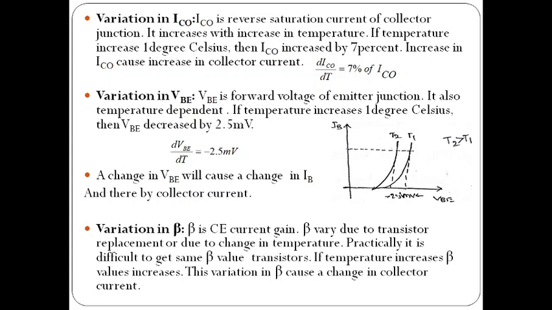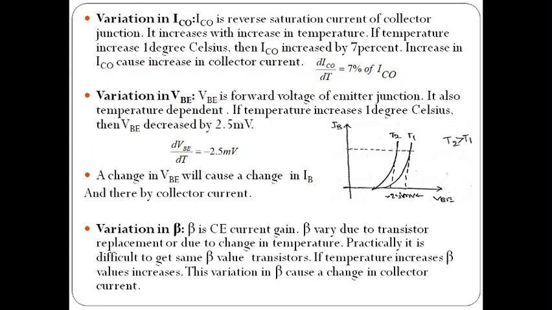Next, the third parameter, variation in beta value. Beta is defined as the current gain in a CE amplifier. This beta varies due to replacement of the transistor. The current gain always differs from one transistor to another.